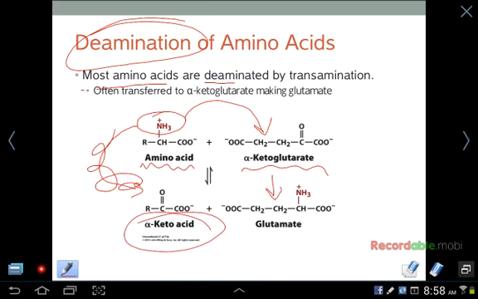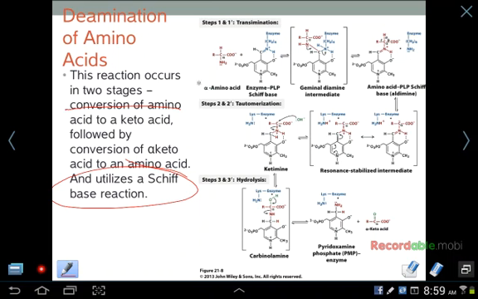So the deamination of amino acids requires a Schiff-base reaction. As we can see, it's going to go in two stages. The first stage is conversion of the original amino acid to a keto acid, followed by a conversion of an alpha-keto acid to an amino acid. The first stage, we're going in this direction, so we're transferring the amino group using PLP as our Schiff base.